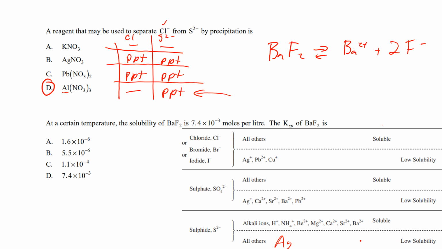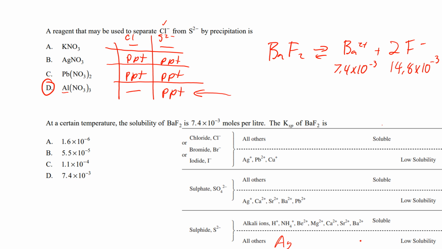So if this is 7.4 times 10 to the minus 3, this is also 7.4 times 10 to the minus 3. And that means this one's going to be 7.4 times 2 is 14.8 times 10 to the minus 3, or 1.48 times 10 to the minus 2.